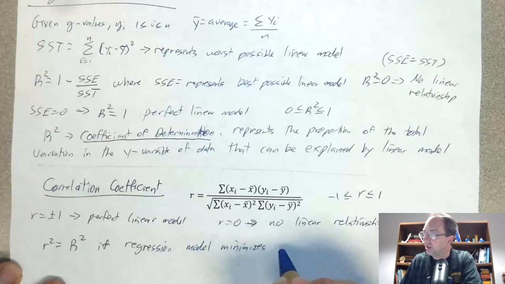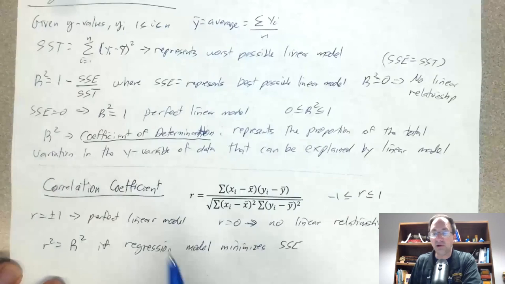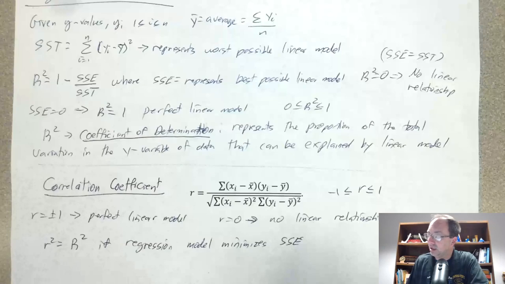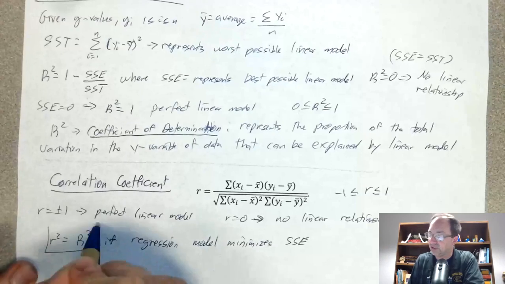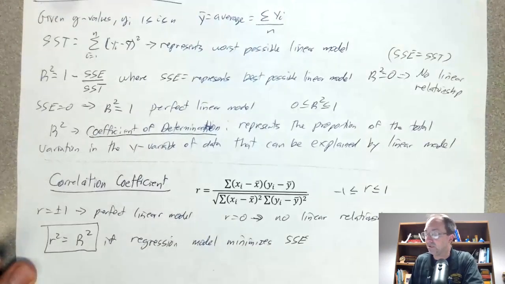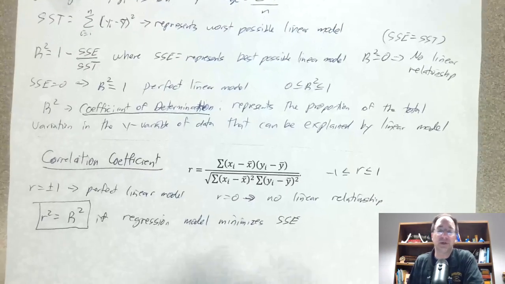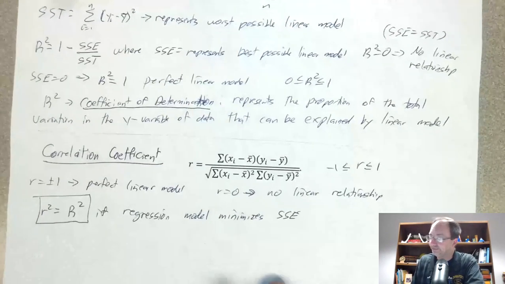So in the case of the simple linear regression that we've been doing, there's no problem. But in other contexts where we're doing a nonlinear situation, that may not be the case anymore. But for our purposes, for this section, little r squared is equal to capital R squared, which is why you often only see one number presented, because you could calculate the other one if you needed to.